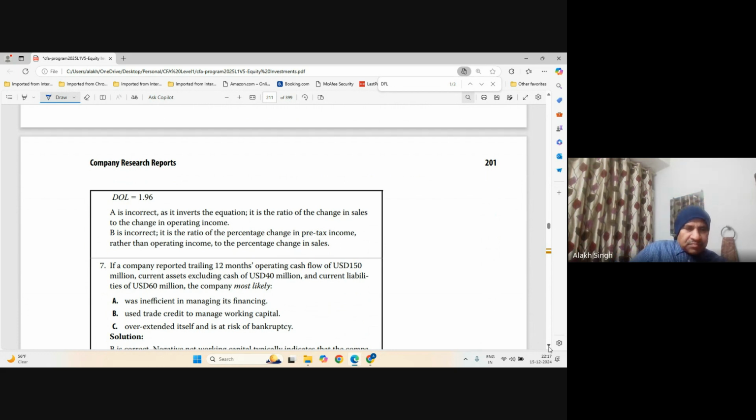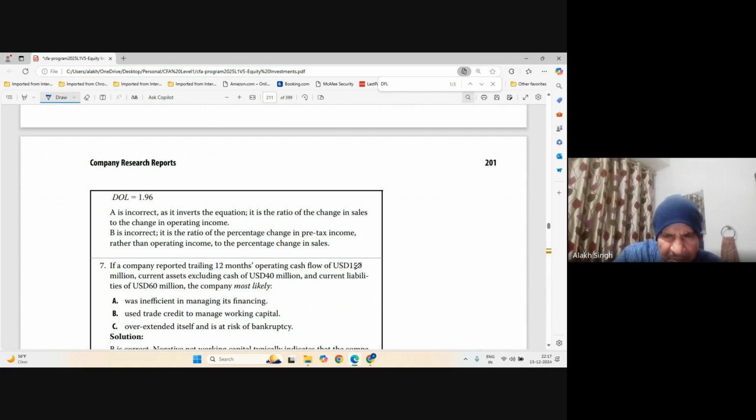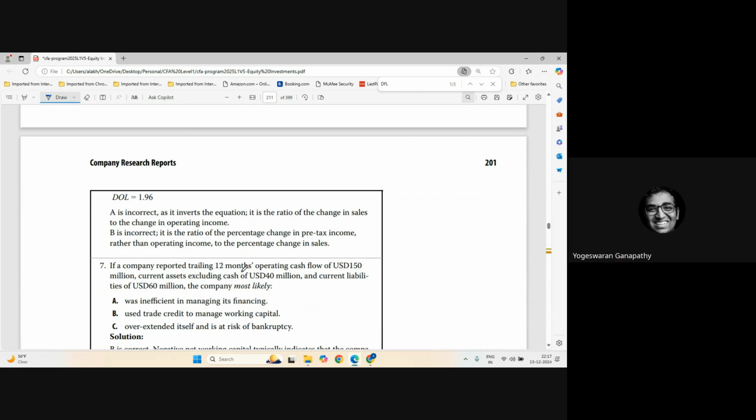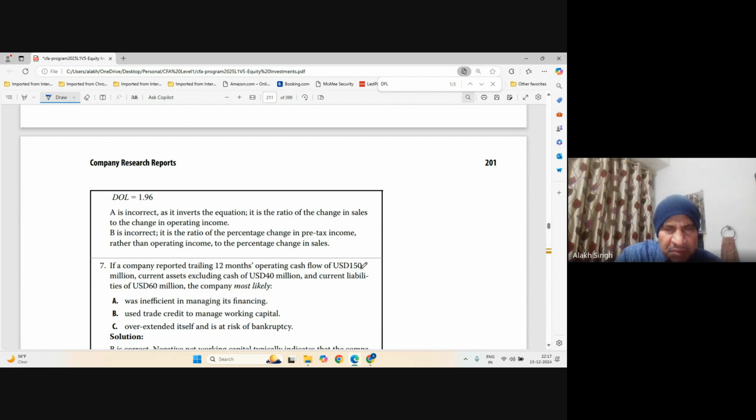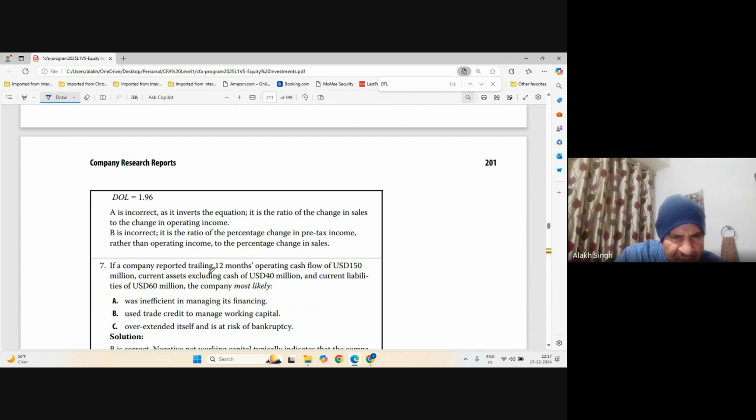Question 7. If a company reports trailing 12 months operating cash flow of 150 million, current assets excluding cash of 40 million, and current liabilities of 60 million, the company most likely was inefficient in managing its financing. So it has 150 million in cash because it has cash flow of 150 million, and then it has 40 million additional assets.